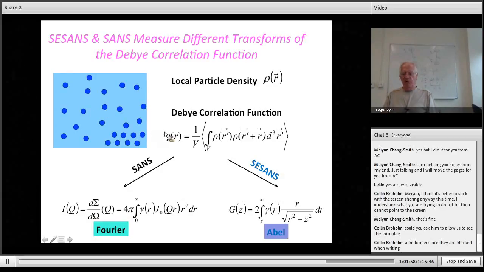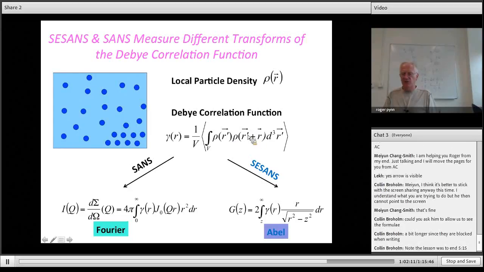And what you're interested in measuring is this Debye correlation function, which is the density of material at some position r prime, multiplied by the density of material at some position r prime plus r, integrated over r prime. That's the correlation function that will tell you about the statistics of this system.